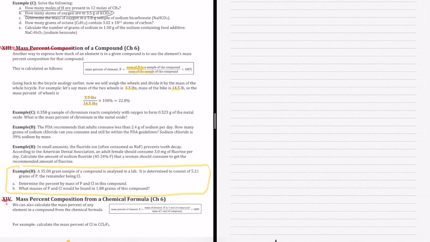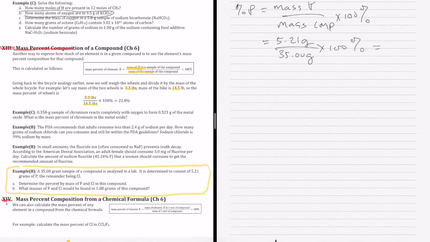That is, you would take percent P would be mass of P over mass of the compound times 100%. Mass of P in this case is 5.21 grams. Mass of the compound is 35 times 100%. And this should give you 14.9%. So that's for phosphorus.